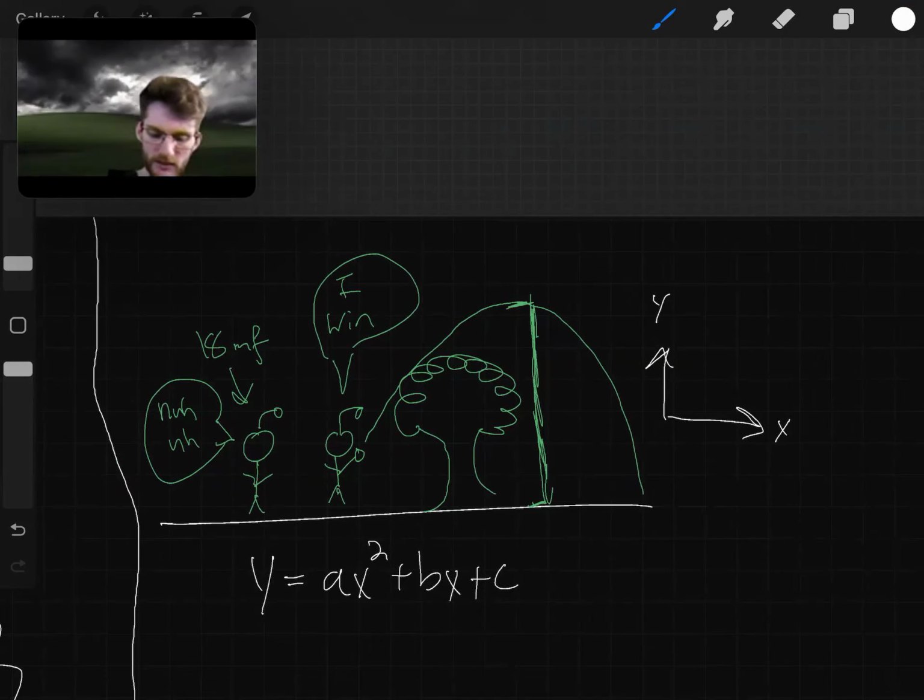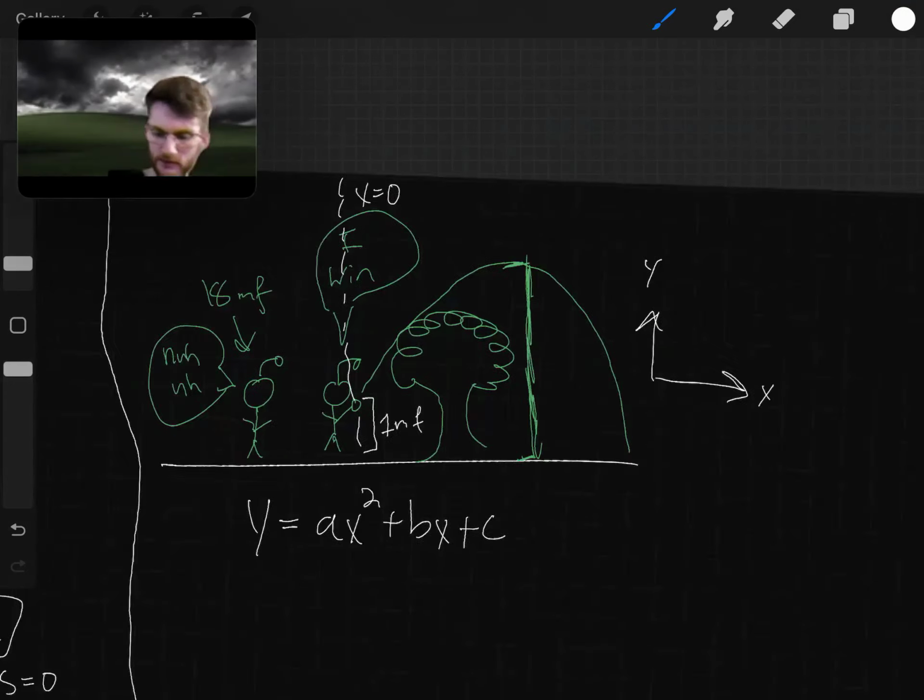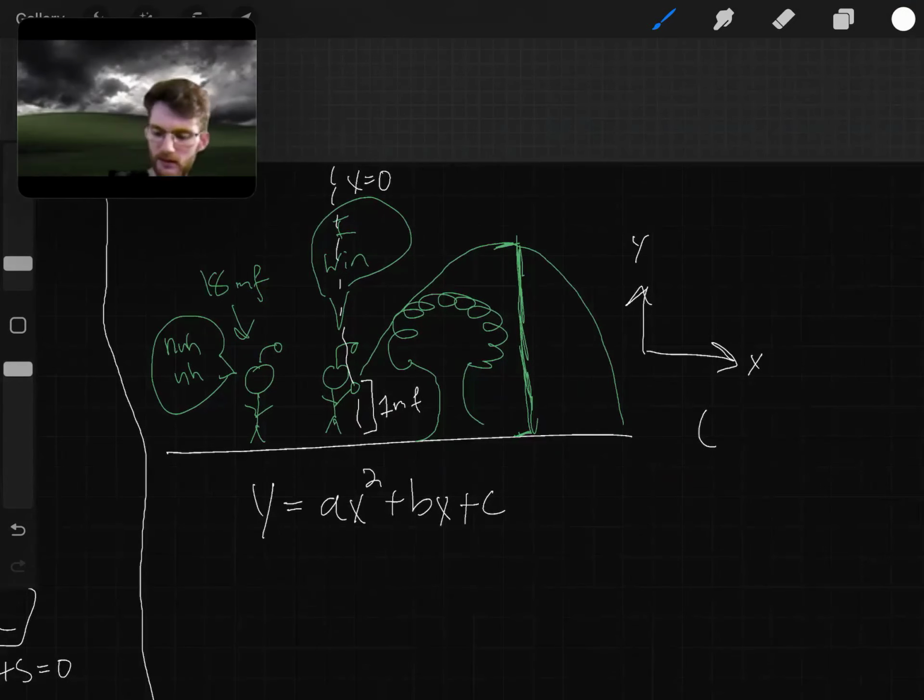Let's say that both Zobarians agree that the ball was initially thrown one merflop above the ground. And let's say this axis here is x equals 0. So our first data point is (0, 1), meaning the ball was initially thrown by this Zobarian here, 1 merflop off the ground.